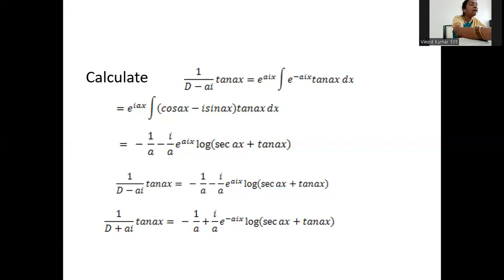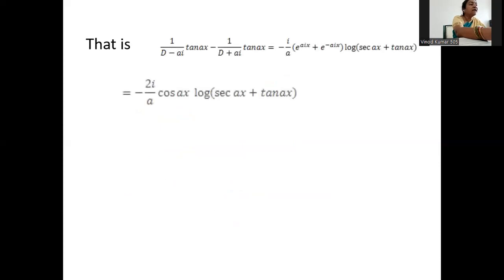So subtracting the two, 1 by (d minus ai) on tan ax minus 1 by (d plus ai) on tan ax is equal to minus i by a into (e to the power of iax plus e to the power of minus iax) log mod secant ax plus tan ax.